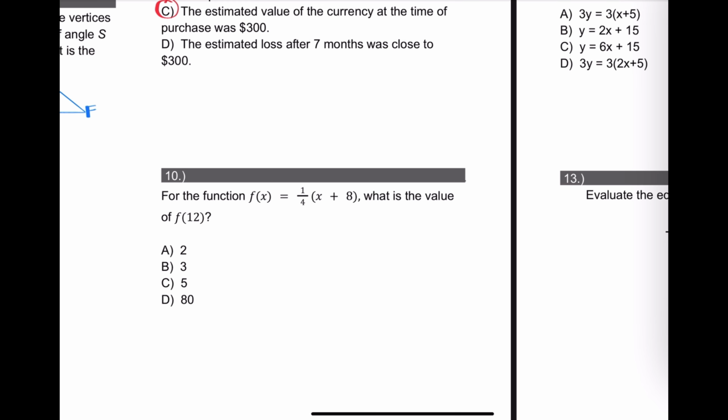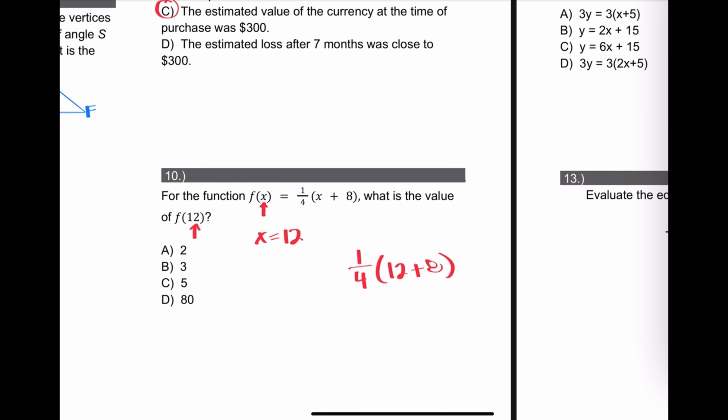And last one here, number 10, it says for the function f of x equals 1/4 (x plus 8), what is the value of f of 12? Okay, well, notice here that you have f of x. So if they're looking for f of 12, they're saying when x is 12, what do I get for this function? So I can simply plug in 12 for x. Okay, so we have 1/4 (12 plus 8).